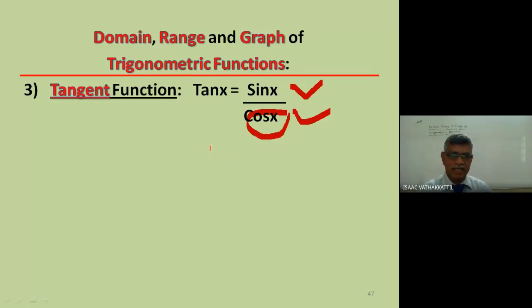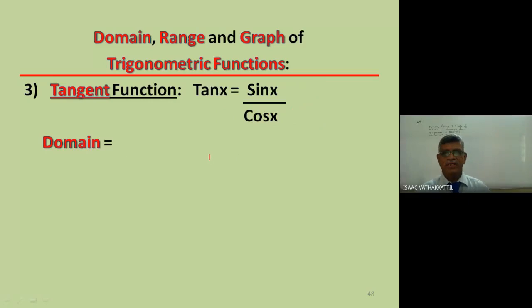So when you take the domain of tan x, I have to remove the zeros of cos x. Sin x and cos x have the domain R itself, but the domain of tan x will be the intersection of the domains minus the zeros of the denominator. So it will be R minus zeros of cos.